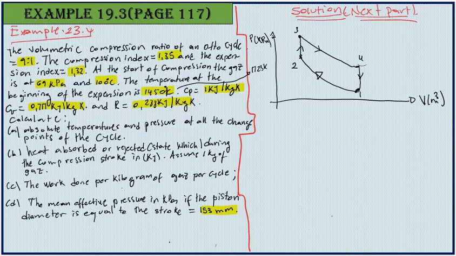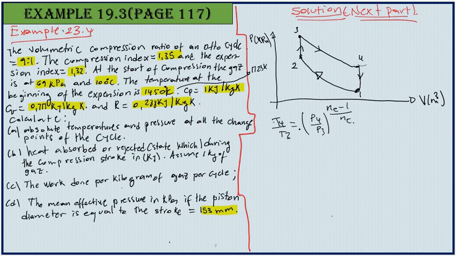So the relation is, we say T4 over T3 is equal to P4 over P3 to the power of n expansion minus 1 divided by n expansion. So we can determine T4.